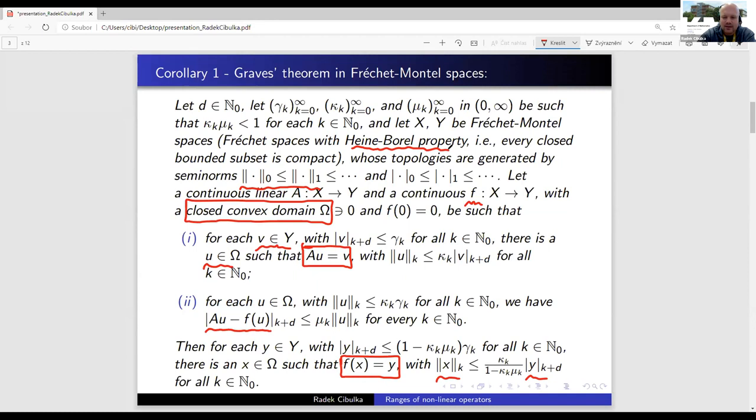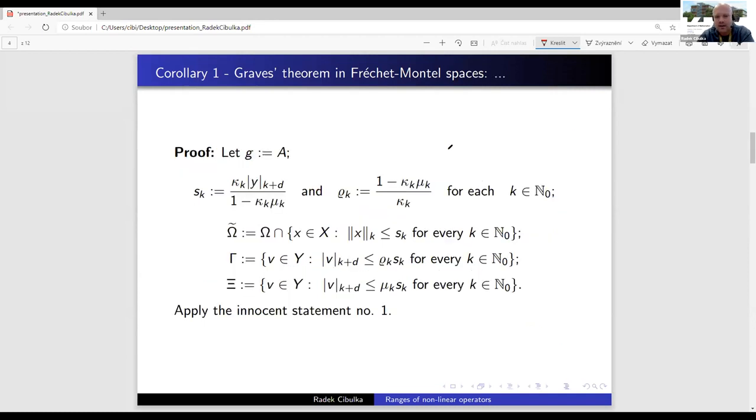And how to prove this? Your mapping G from the abstract statement will be simply the continuous linear operator, and you define these sets in such a way that your mapping A maps omega at least to the set gamma plus the tightness of the approximation.